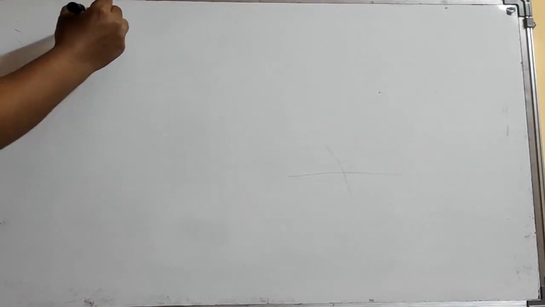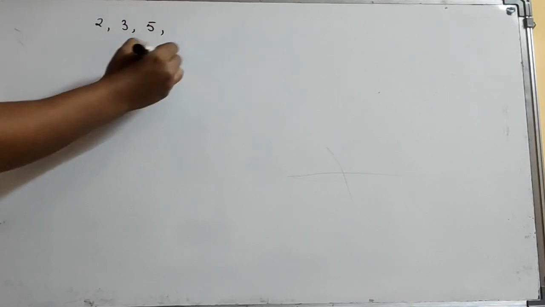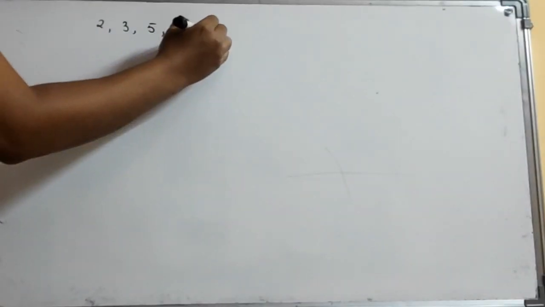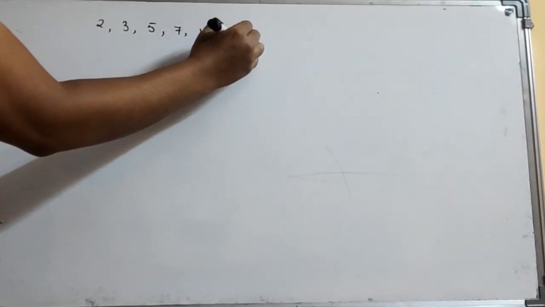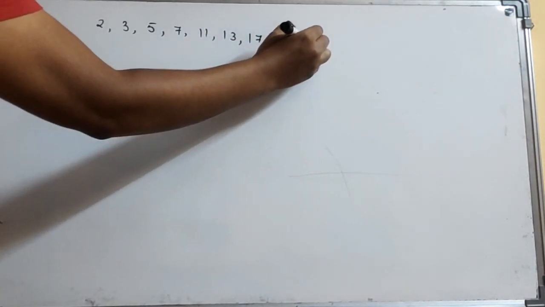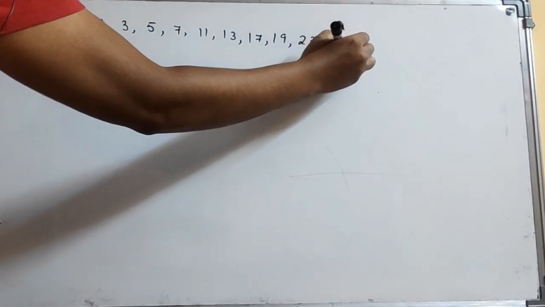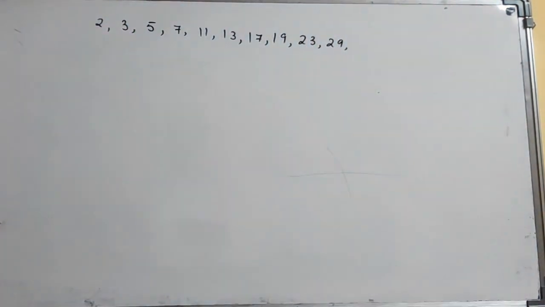Now let us look into the different prime numbers other than 1. So 2, 3, 5, 7, 11, 13, 17, 19, 23, 29 and so on.